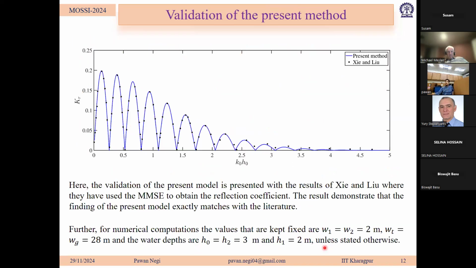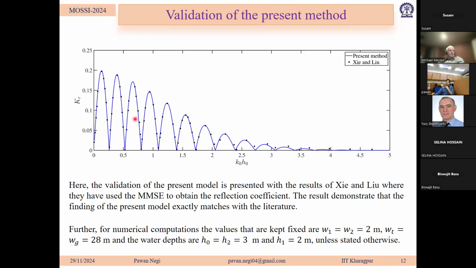Now, coming to the validation of the present problem, it is validated with that of Xie and Yu. In their method, they used the modified mild slope approximation to deal with the same problem of the trapezoidal breakwater, but that was a single breakwater. Here we have plotted the result with the corresponding values, which are fixed as W1, W2 of 2 meters, the trench width and the gap width of 28 meters, and the water depths are like this.